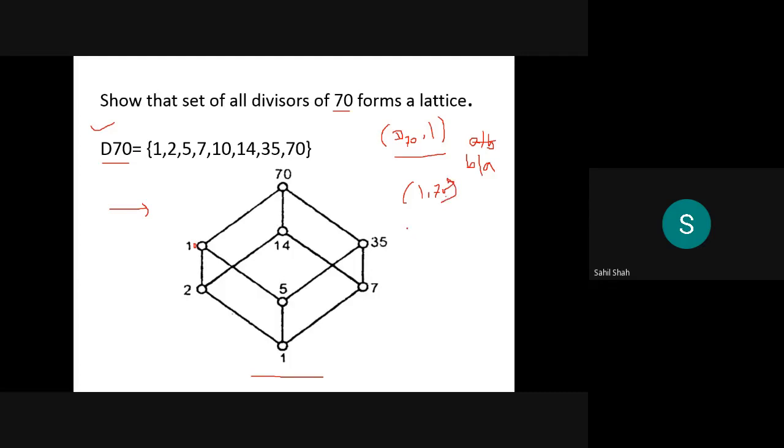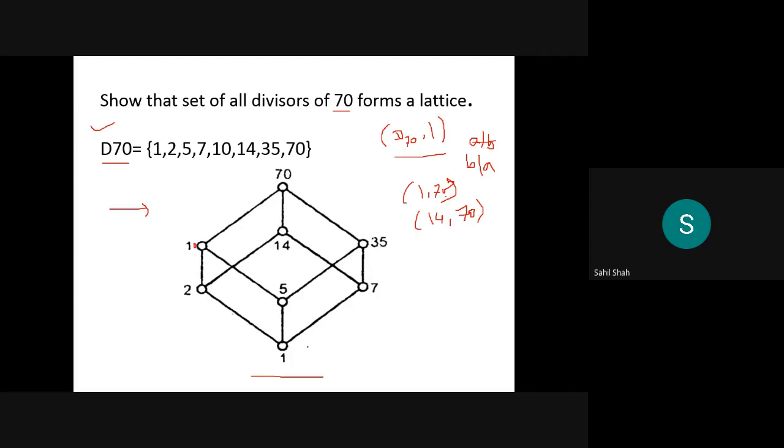Another pair, for example, is (14, 70); yes, there is perfect division possible, and you can have all the other pairs. Later, based on these pairs, I draw a Hasse diagram. All self loops, all directions, all transitivity arrows will be removed, and we are presented with the final Hasse diagram.